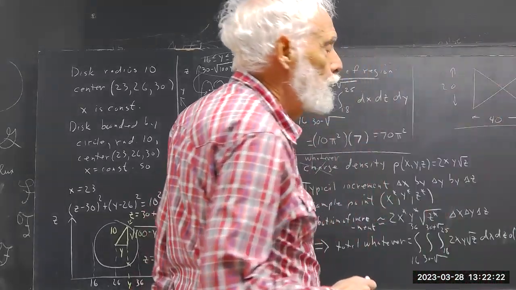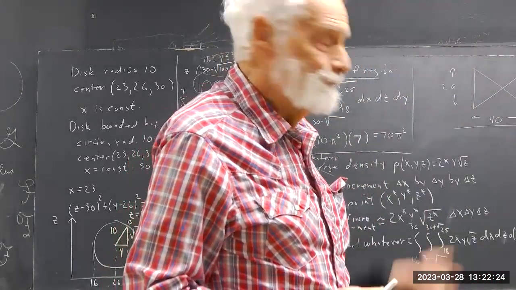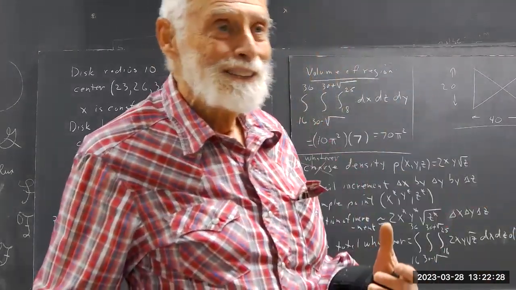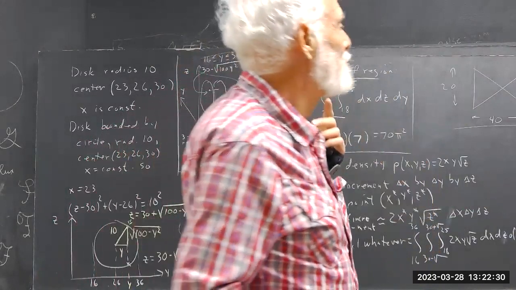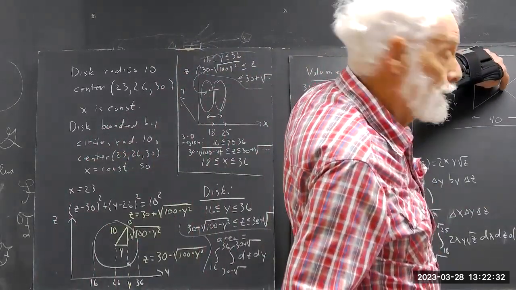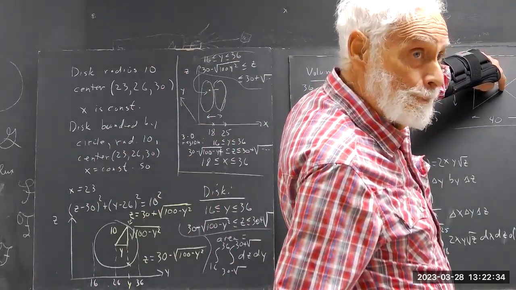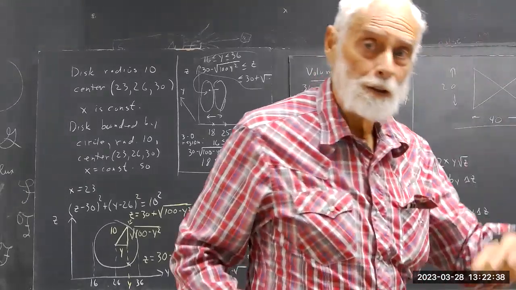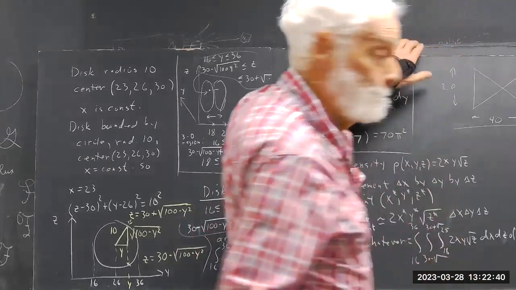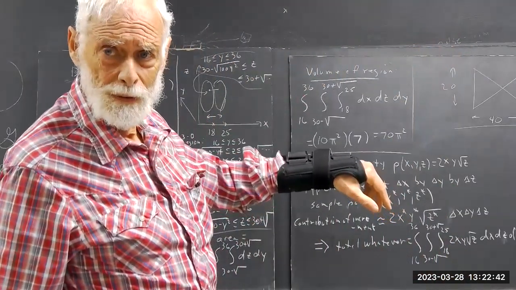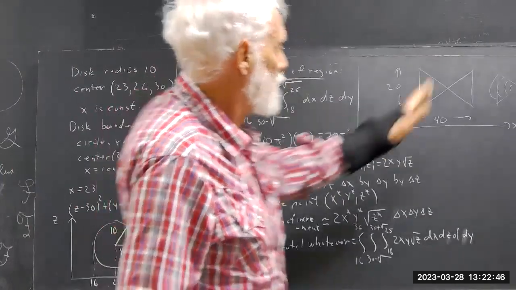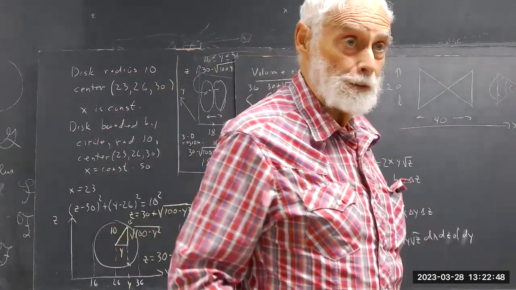But where do you want to put the origin? Well, I'd recommend putting the origin point in the middle, because then you're going to have a symmetry. And depending on what you're integrating, you might have to only integrate half of this.